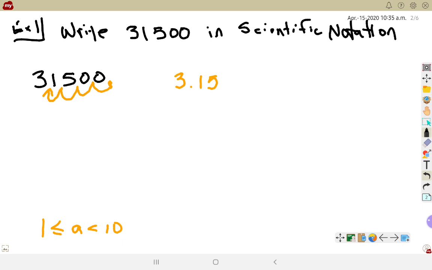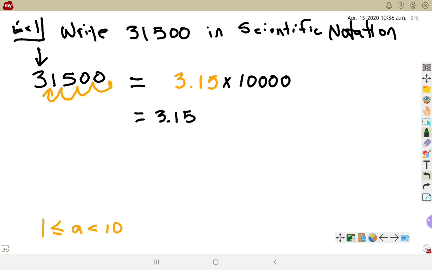So that 3 is in the 10,000s position, so I would still need to write times 10,000. So it's 3.15 times 10,000. And now I still have something that is an equal value, because I want to still represent the same number, just in a different way. Another way of writing 10,000 is I can split 10,000 apart.